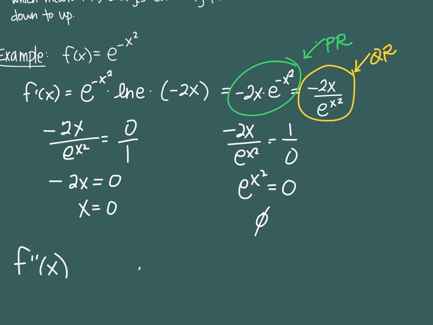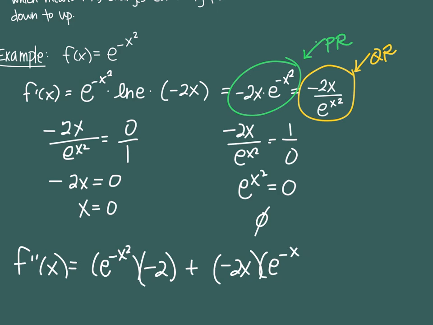So my second derivative, my product rule says, all right, I'm going to start with e to the negative x squared, and I'm going to multiply that by the derivative of negative 2x, which is negative 2, plus negative 2x times the derivative of e to the negative x squared, which again is e to the negative x squared times the natural log of e times another negative 2x.